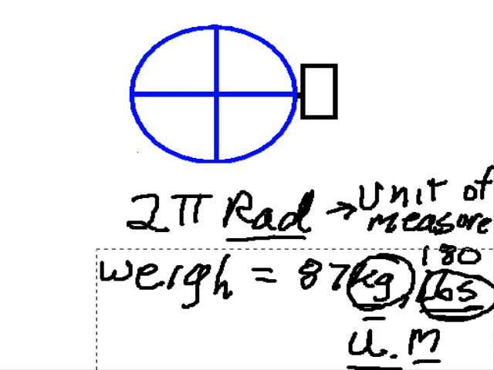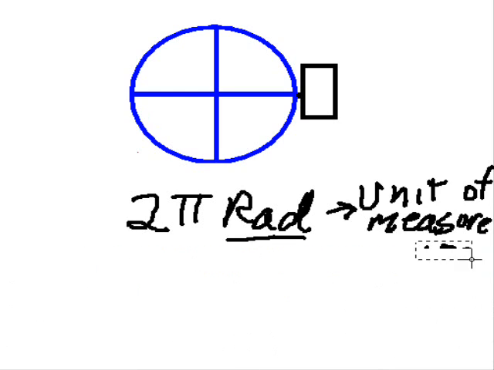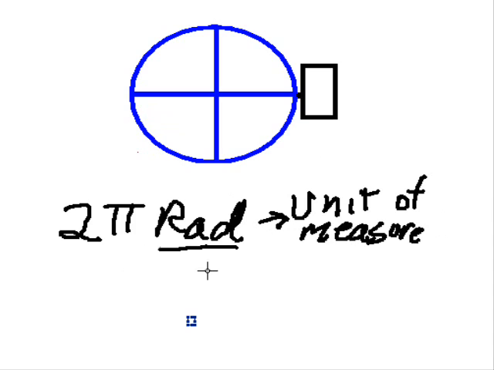A rad is a unit of measure. 2 pi rad equals one complete revolution around the circle.